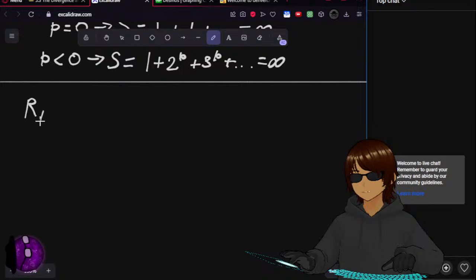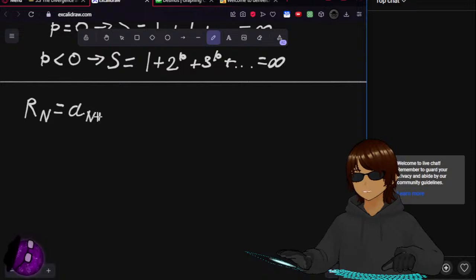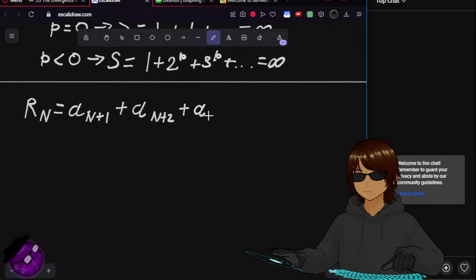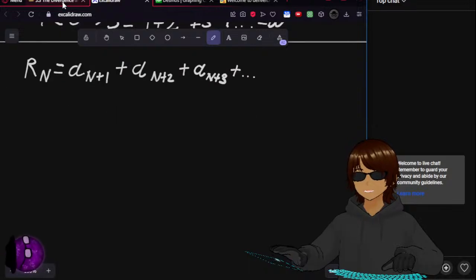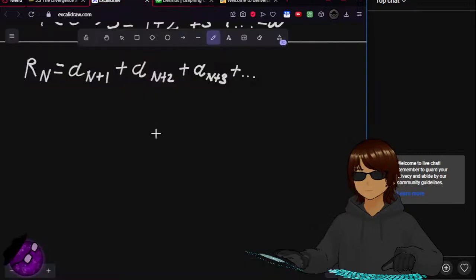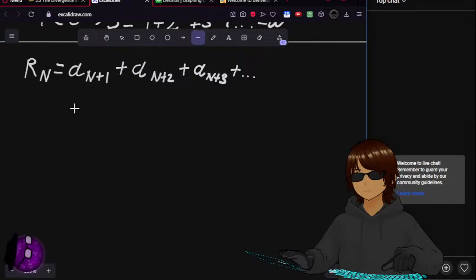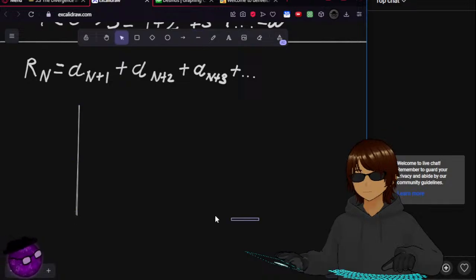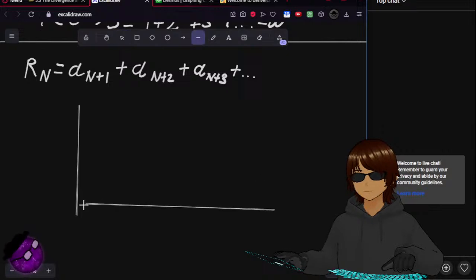Let R_n equal the remaining sum we haven't found. n plus 1, plus it with n plus 2, n plus 3. And then we have this graph.